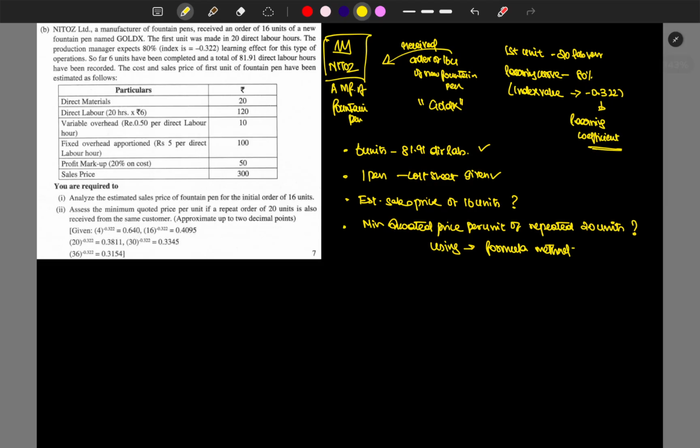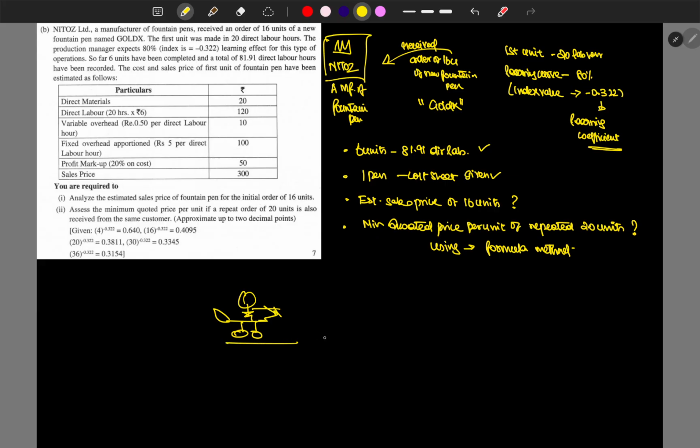Let's solve this problem. This entire concept revolves around the learning curve. For example, let's take a bike.